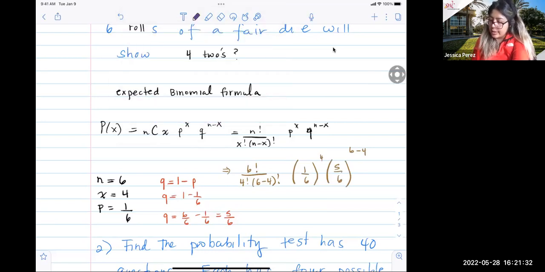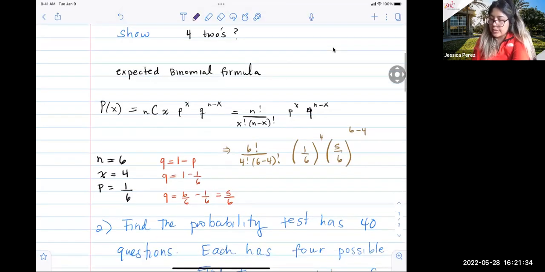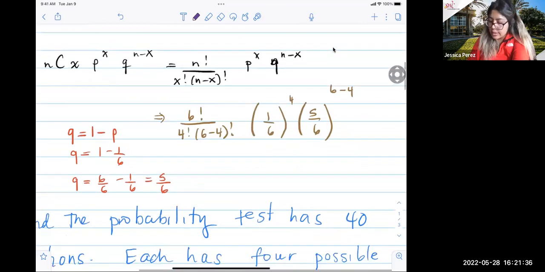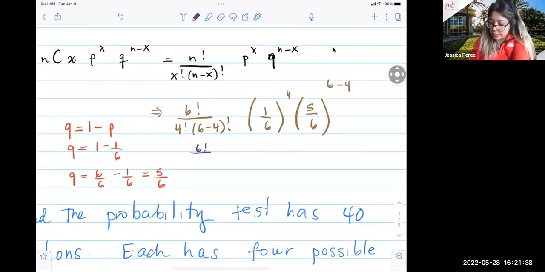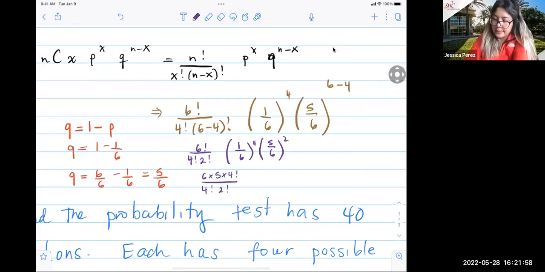Okay, and then here, this is just scratch work. You should know how to do this. This is 6 factorial over 4 factorial, 2 factorial, times 1/6 to the 4th, and then 5/6 squared. Now here we have 6 factorial and 4 factorial. Well, this is 6 times 5 times 4 factorial over 4 factorial, 2 factorial.